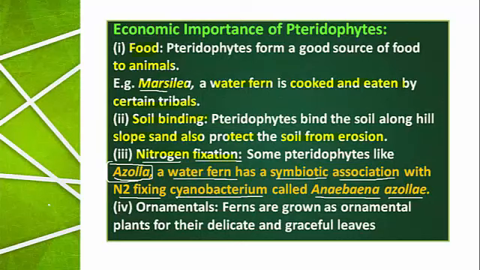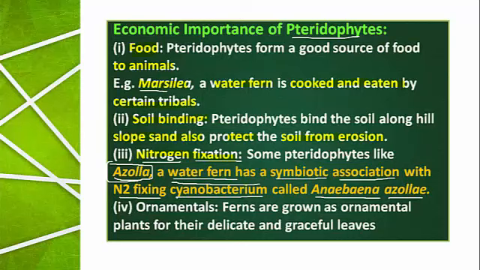The actual capacity of fixing nitrogen is there for the cyanobacterium, but this cyanobacterium is present within the Azolla, and so Azolla is able to fix the nitrogen. Azolla belongs to the group of pteridophytes. Why can Azolla fix the nitrogen? Because it is having symbiotic association with the cyanobacterium.